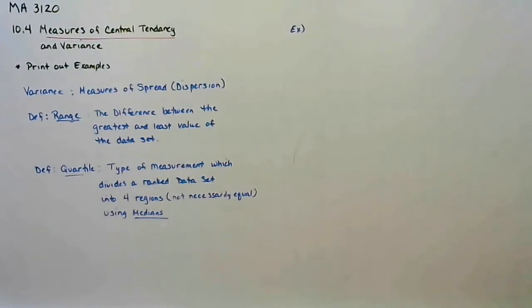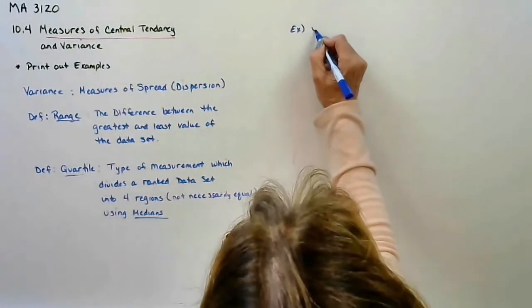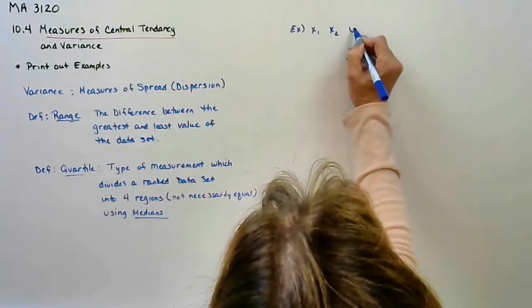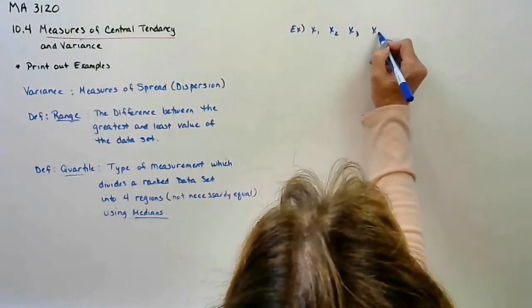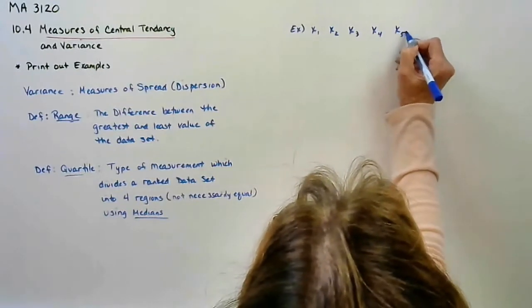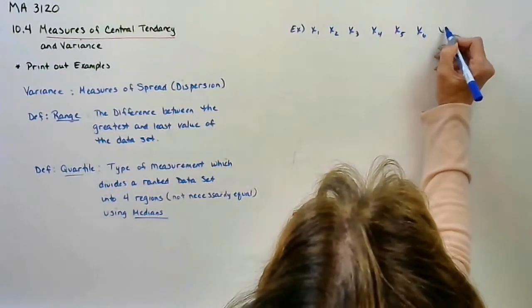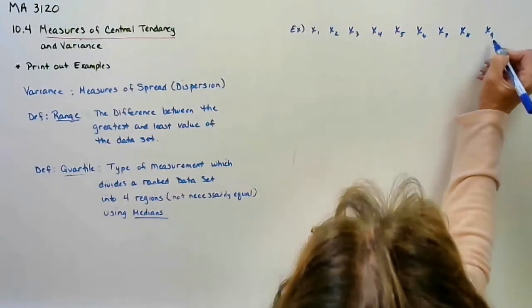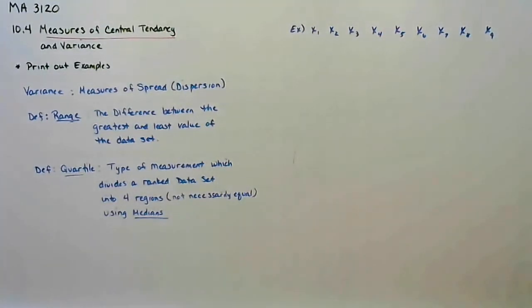So let's put 9 data points down. X sub 1 for our first data point, X sub 2, 3, 4, 5. And I chose an odd number on purpose for this first, just for the visual, because we're talking about medians, the exact middle value.